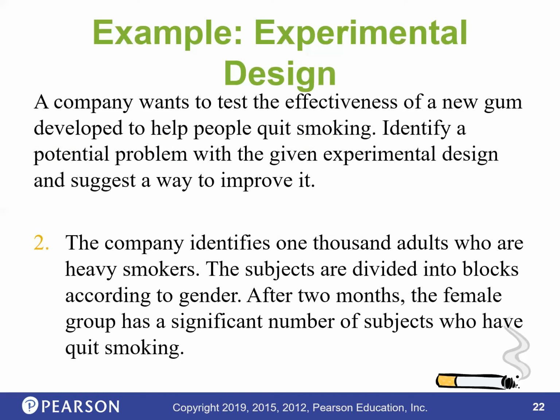I think you were getting there, yeah, absolutely. So the issue is, why in the world would you divide up into females and males and that's it? Because the random block design is this: if you're going to do it by gender, then within each gender, you're going to have a control group and a treatment group, because you want to find out the effects there. So the random block design was done wrong, really.